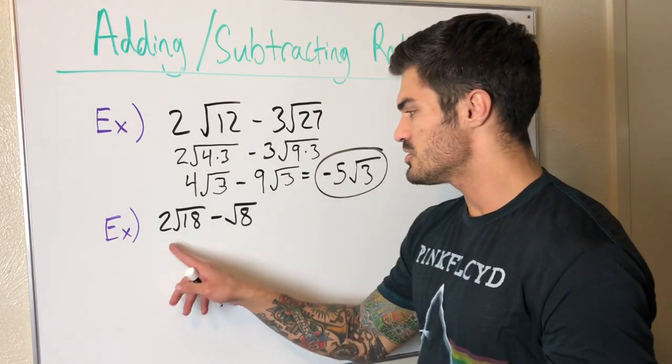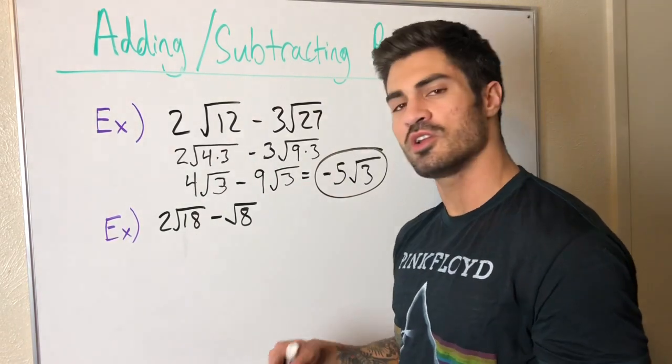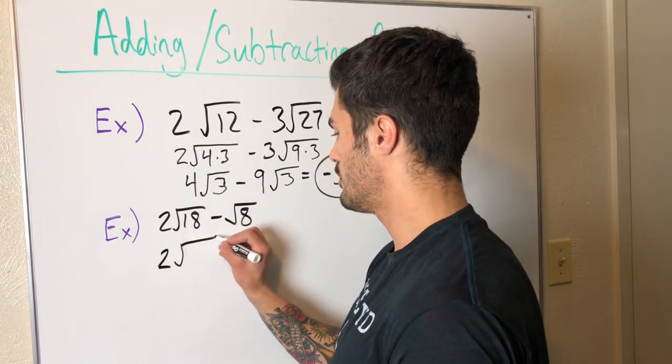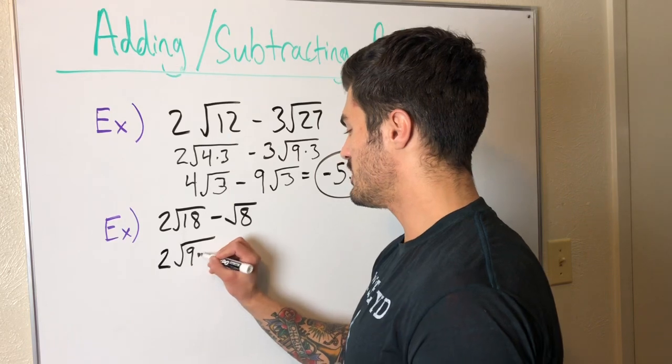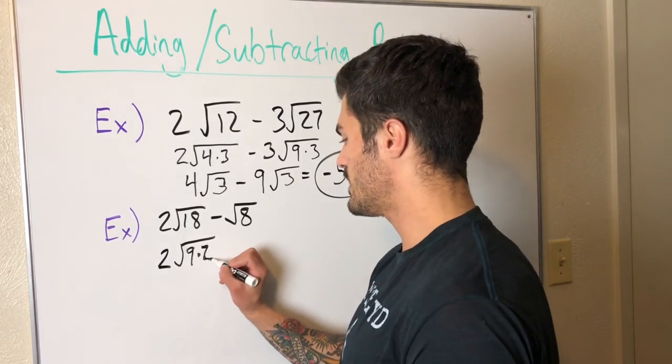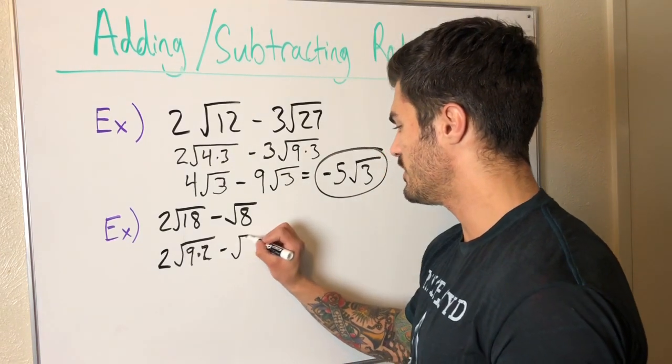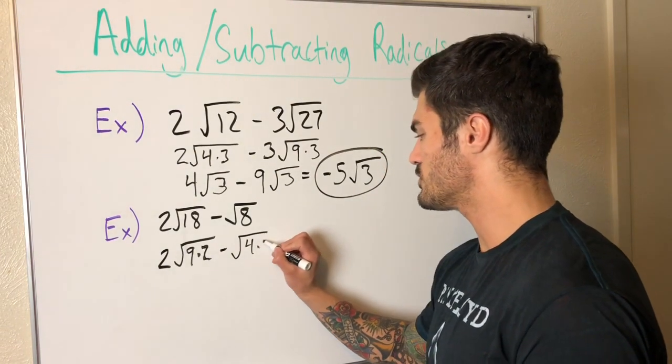Okay, so 2 root 18 minus root 8, we're going to do the same thing. So we're going to break this up into 2, and under here is going to be 9 times 2, right? 9 is a perfect square, minus, what do we have here? 4 times 2. 4 is a perfect square.